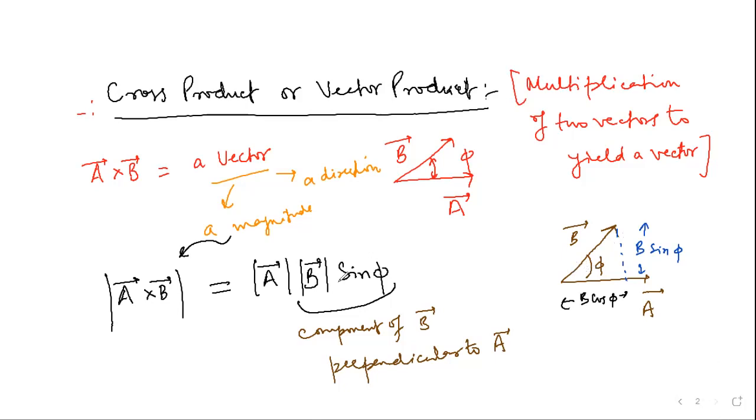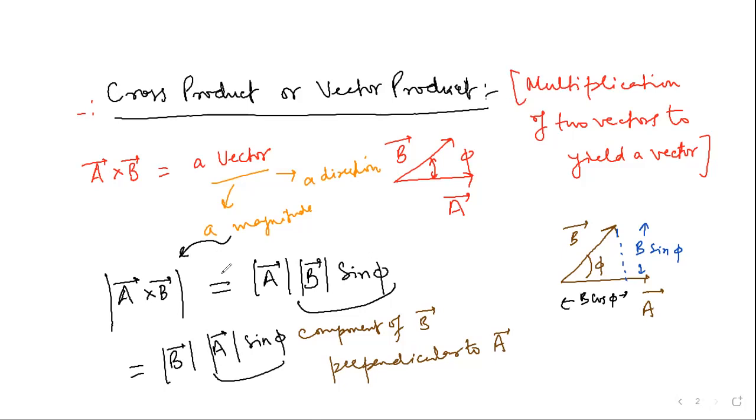perpendicular to A. You can say either magnitude of A cross B is magnitude of A, magnitude of B into sine of phi, or you can say it is product of two things, magnitude of A into component of B perpendicular to A. Or you can write it this way also, it is product of magnitude of B into A sine phi, and interpret A sine phi as component of A perpendicular to B, right?